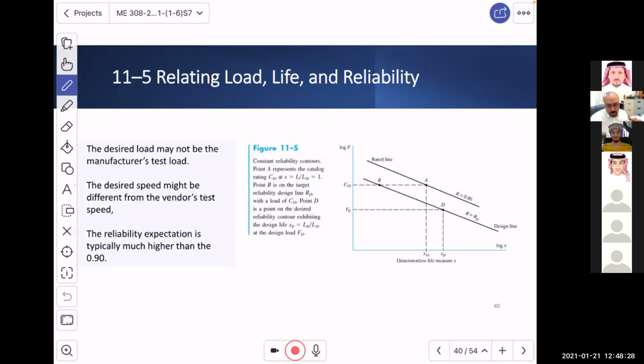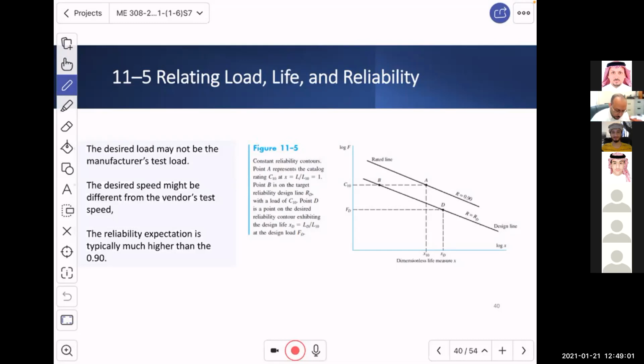And for 99%, you will get C equals maybe 3 or 4, which means you are using a much stronger bearing in a place which only has a lower load. And that's how you push your reliability. Right, guys? That's what you can do. That's one way. Yes, like a factor of safety? More or less, in a very shallow way.